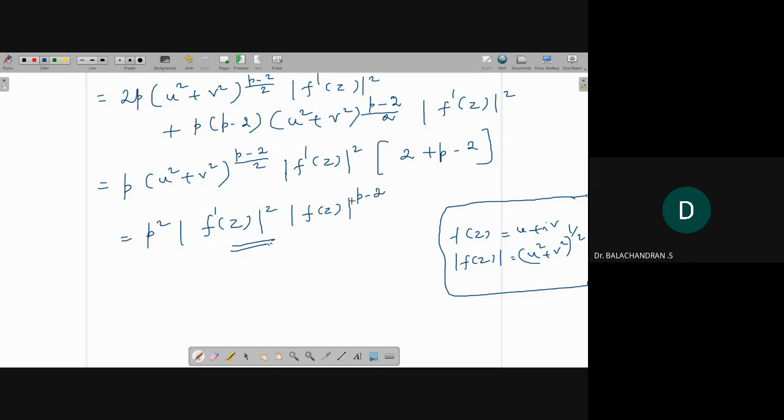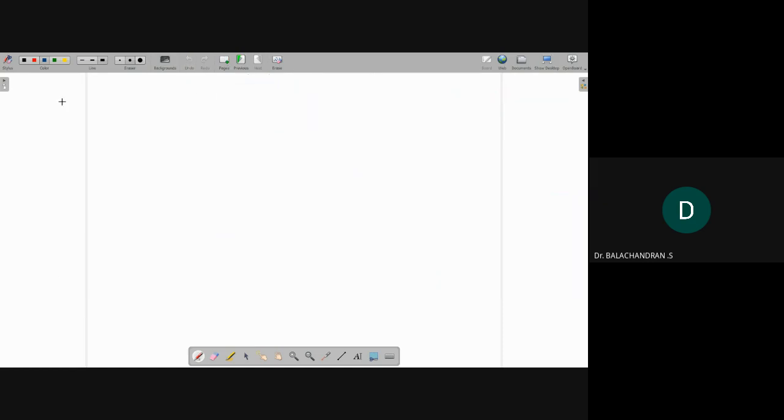Okay. So next problem, problem number 5. I will go to the next page. Prove that del square of argument of f of z equal to 0.